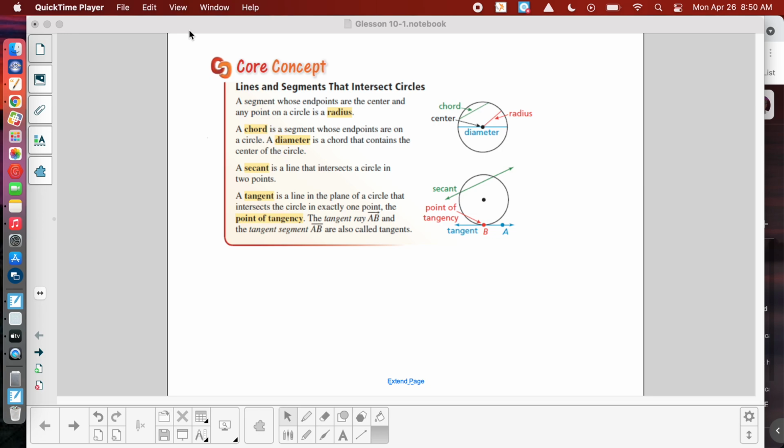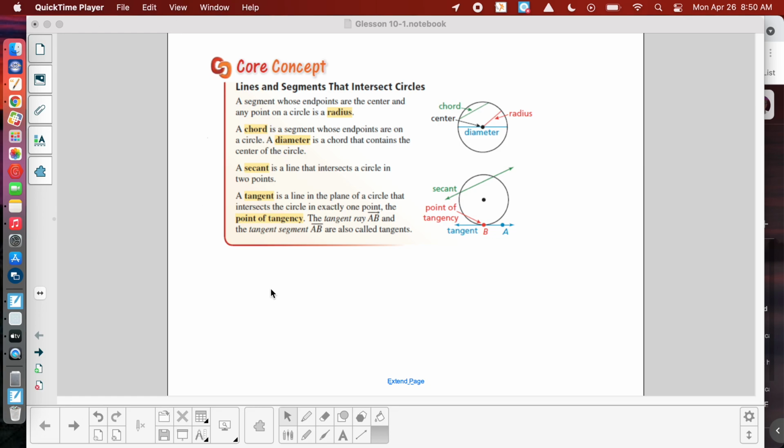Now, the difference between a chord and a secant is simply the chord is a segment with endpoints on the circle, and a secant is a line that contains a chord but goes beyond the circle. So that's an important difference. A tangent is a line in the plane that intersects a circle at exactly 1 point. That point is called the point of tangency.